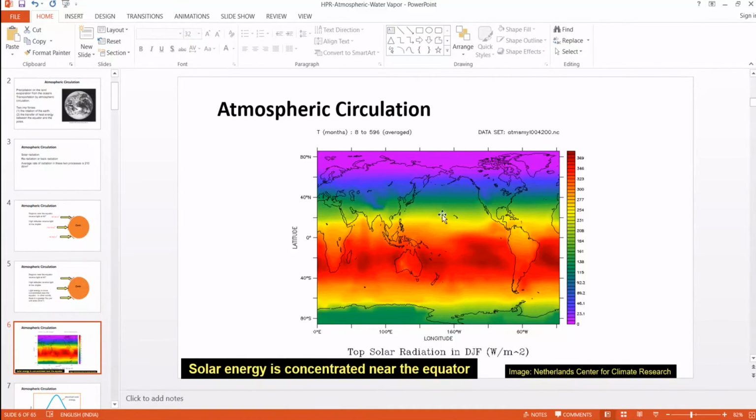So you can see that these are the contours of solar energy on its surface. This is the equator region where the maximum solar energy is concentrated, whereas on both sides of the equator, towards the poles, lesser solar energy is transferred.